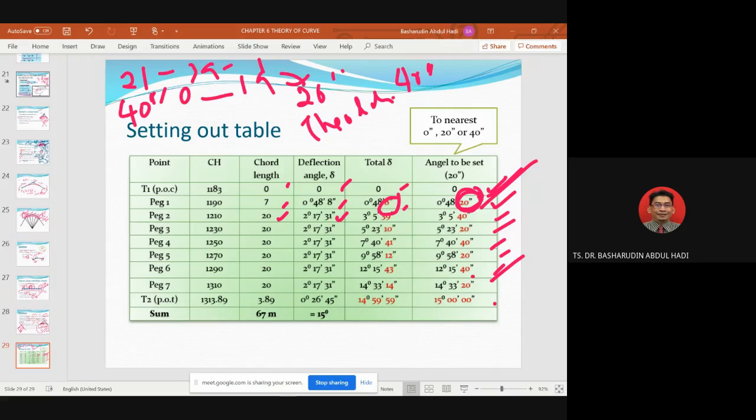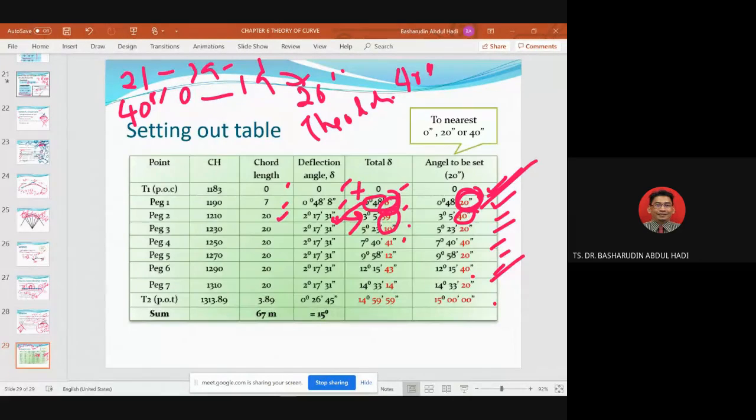So for the total angle, you add this angle with this angle, and you get this angle. Alright? So this angle, you get this one. Angle to be set is 3 degrees 5 minutes 39 seconds. Because 39, we set 40. So you can see all the calculation is like this.